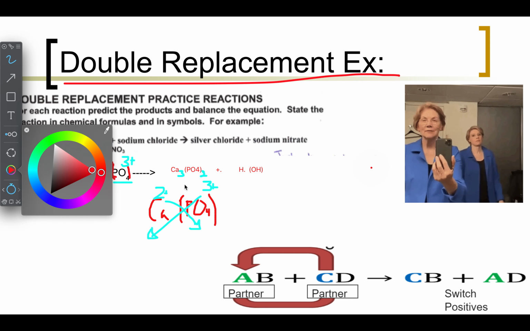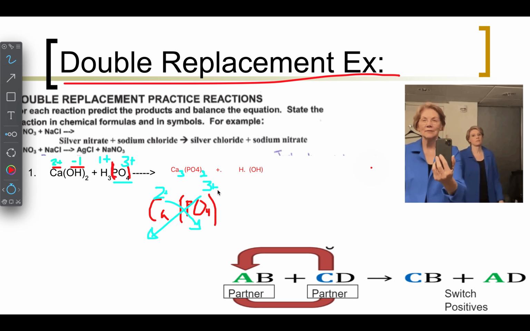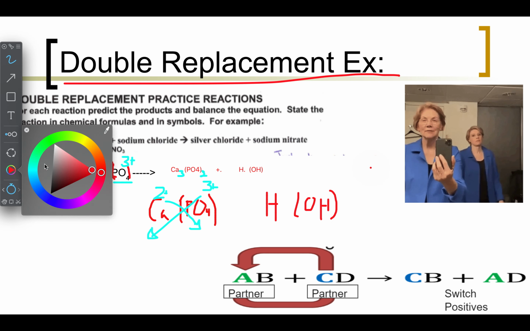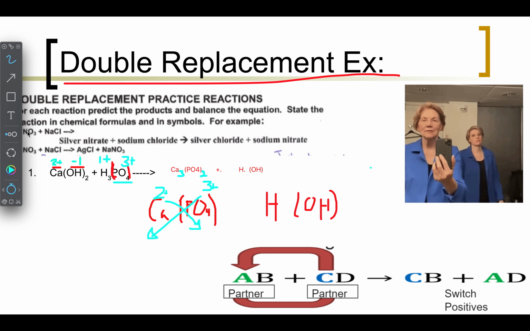Let's change back to red. So we have H, and then OH. Some of you may already know what this molecule is if you're sort of thinking ahead here, but we'll go through and do this simple process, right? So we know that H has a positive 1 and OH has a, that's not negative. OH has a negative 1. We're going to swap them.